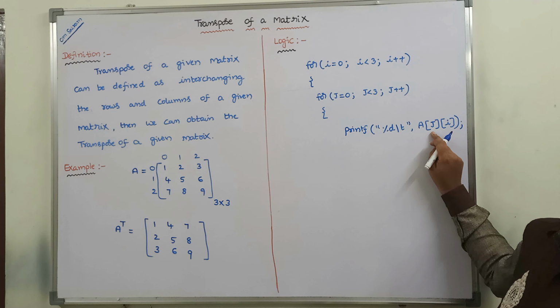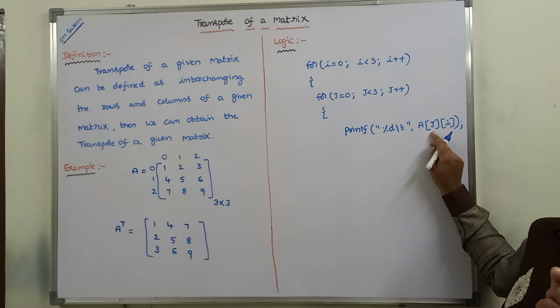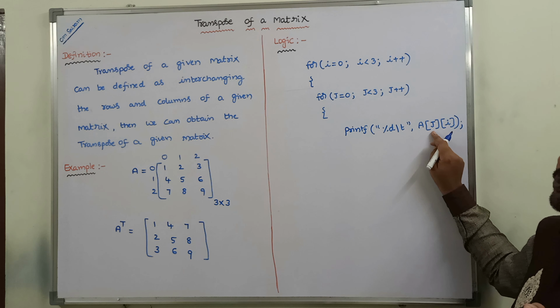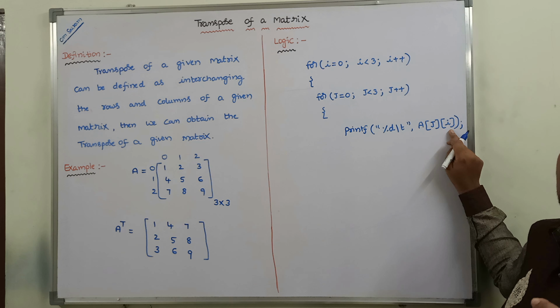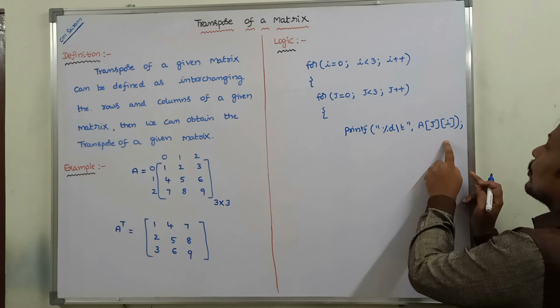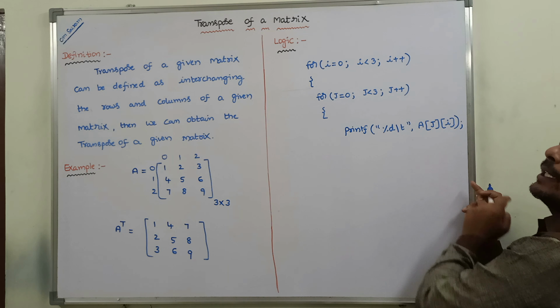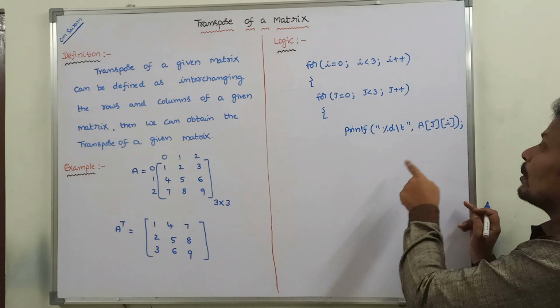Here actually we are writing i, so in the place of i we are writing j. Here actually we are writing j, in the place of j we are writing i. Interchanging the rows into columns, columns into rows while you are printing.